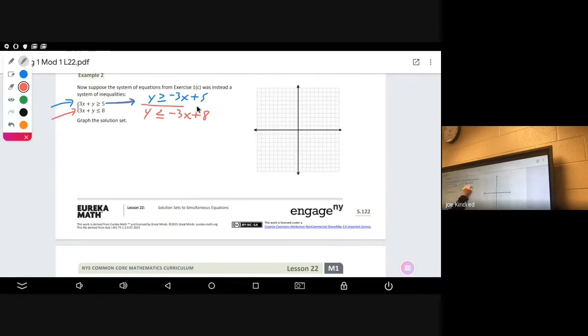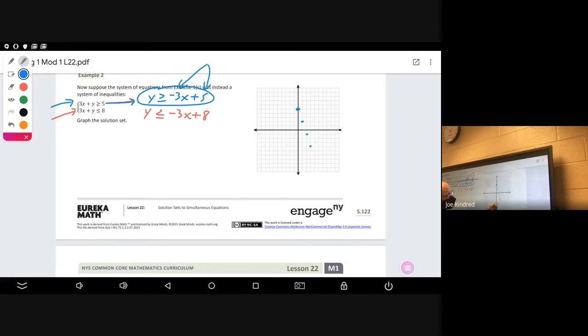So graphing this one, graphing this means look at this number and that number. So positive 5, 1, 2, 3, 4, 5, right there. Negative 3, so down 3 over 1.